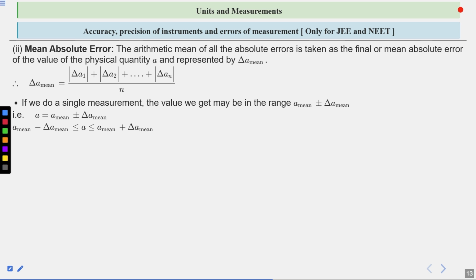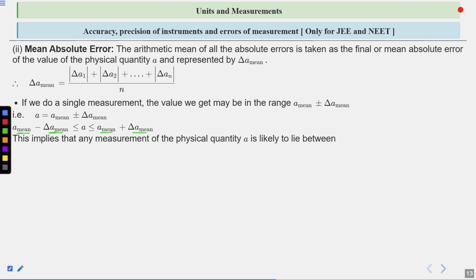Now there is a relation: A mean minus ΔA mean is less than or equal to A, which is less than or equal to A mean plus ΔA mean, where ΔA mean is the mean absolute error.